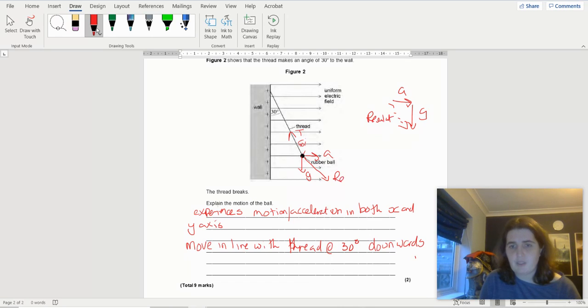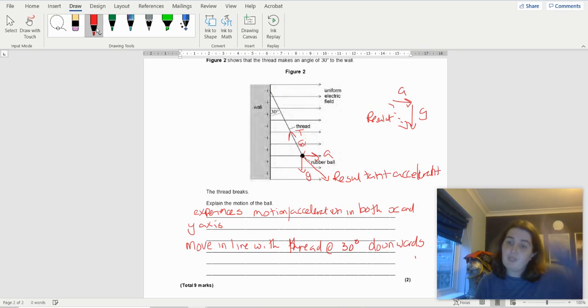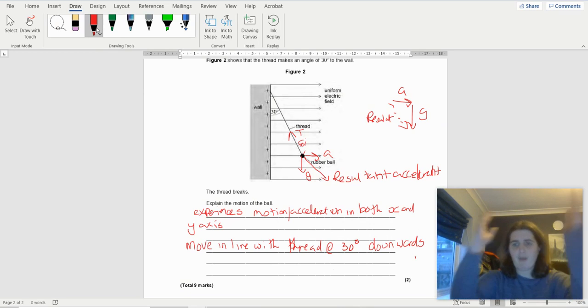This is the resultant acceleration after the tension has broken, because that is the direction of the resultant force between the force pulling this way and the force going that way. So my initial idea of projectile motion is incorrect, and I think that was because I was thinking of parallel plates with things dropping down like that.